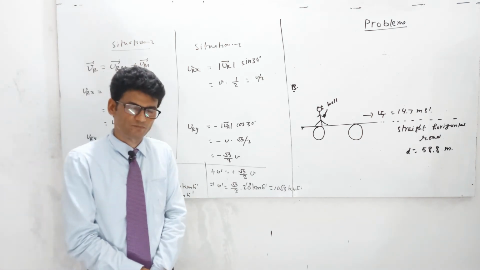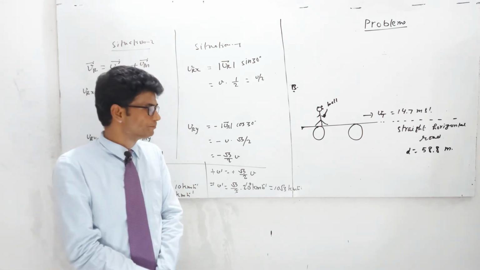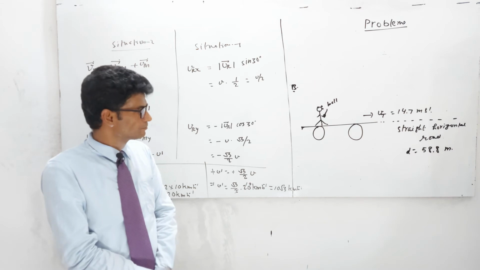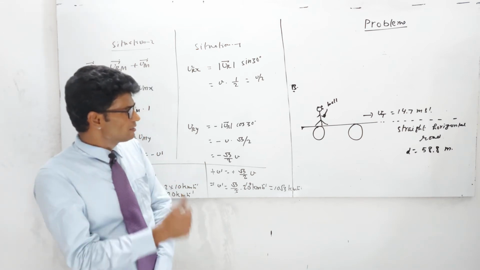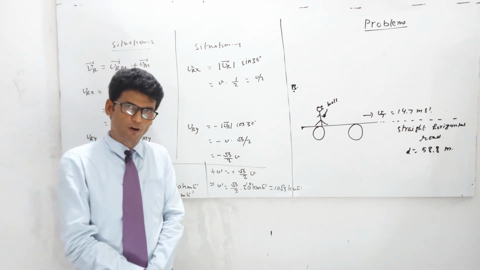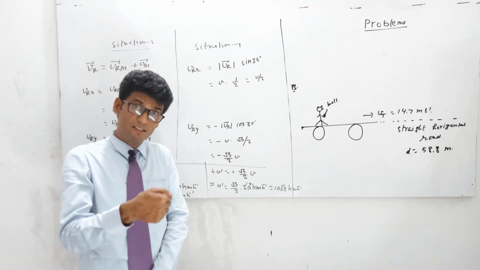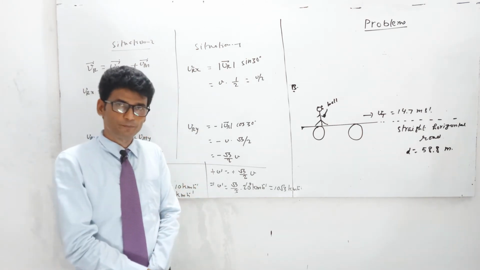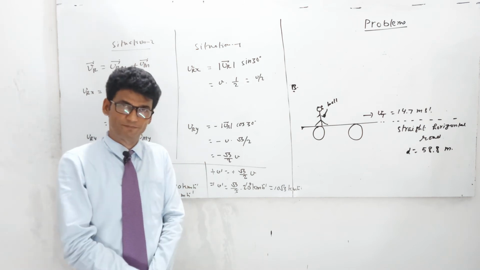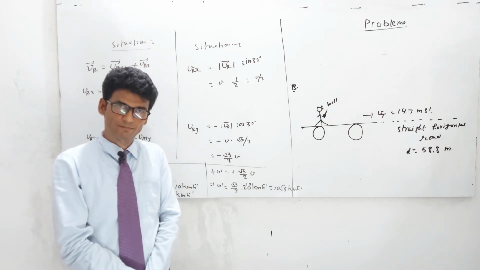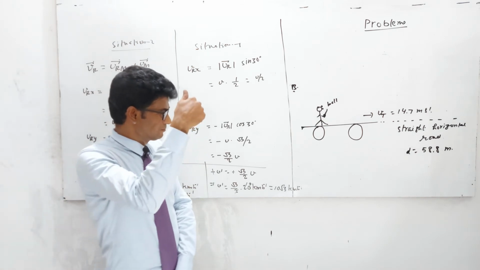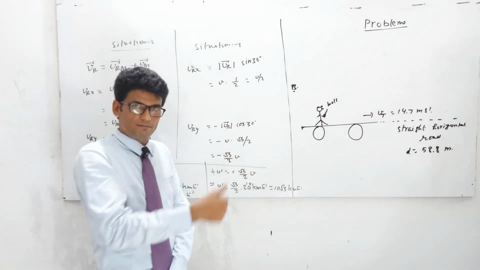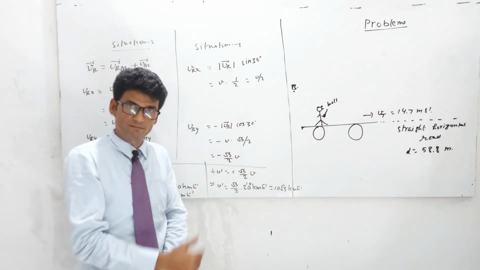Then we have to find the speed and direction of the ball with respect to an observer standing or sitting, not moving, on the track.